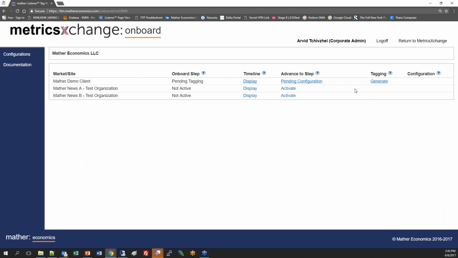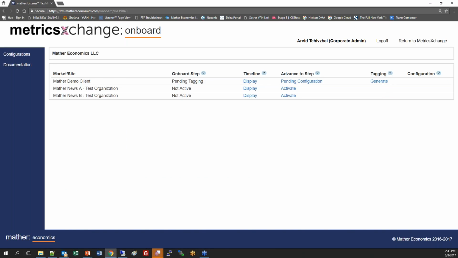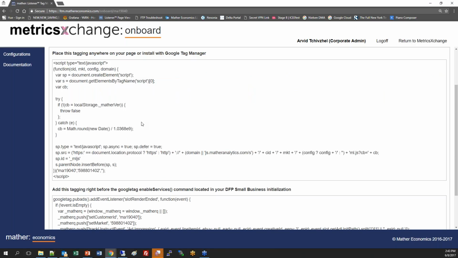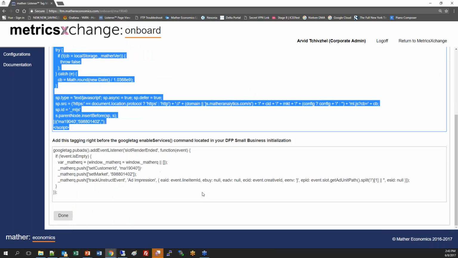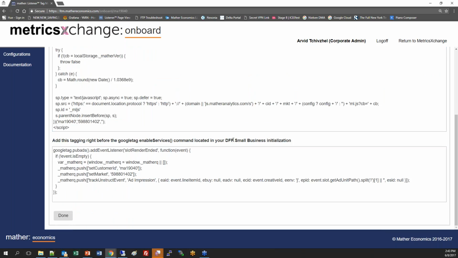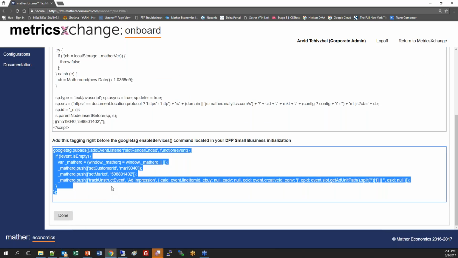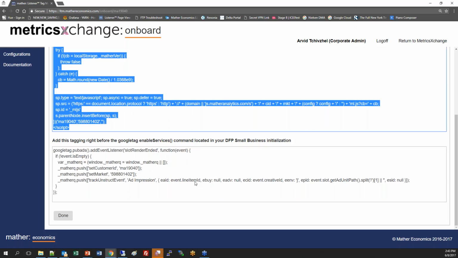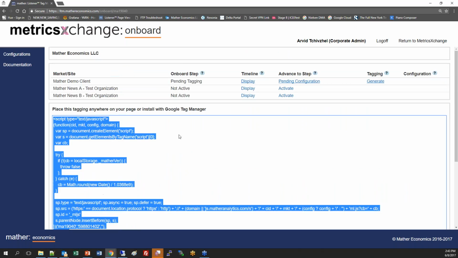As an example, if you're using DFP Professional, let me reload this real quick. You'll see two tags. You'll see the website tag, and if you're using DFP, you'll also see this tag as well. So the scripts here collectively will capture everything we need, and we have more detailed instructions about where to put this for the DFP installation.